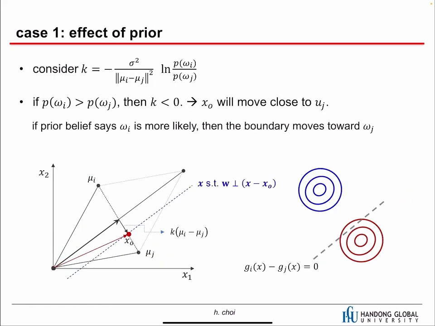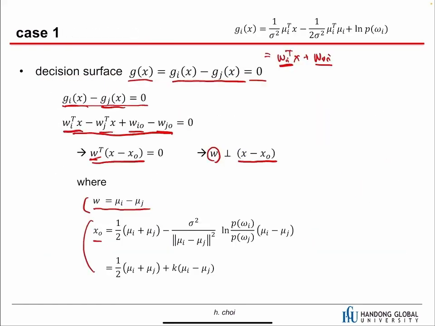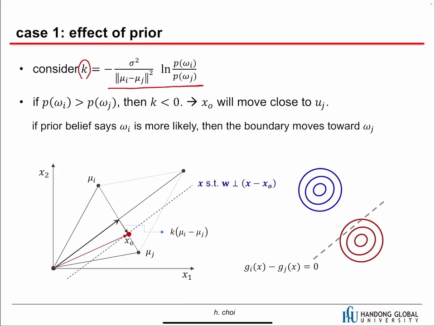Then let's talk about the effect of prior. In the previous slide, the K was defined in this way. Okay, K is this one. And if the probability of omega i is greater than P of omega j, then this one is positive, then negative.